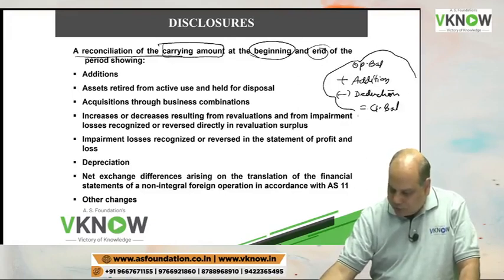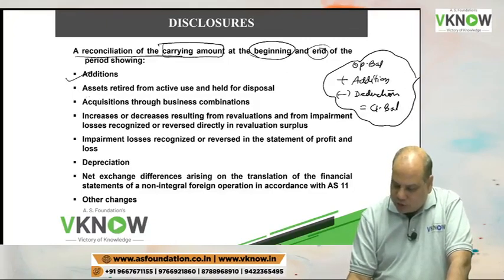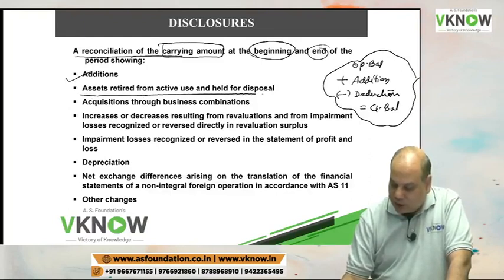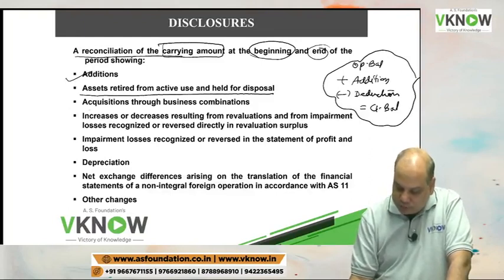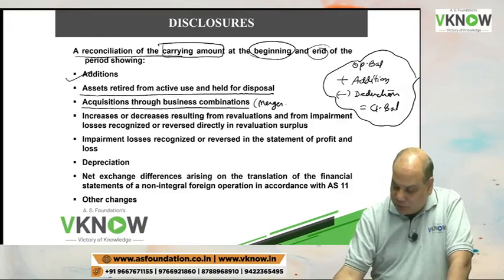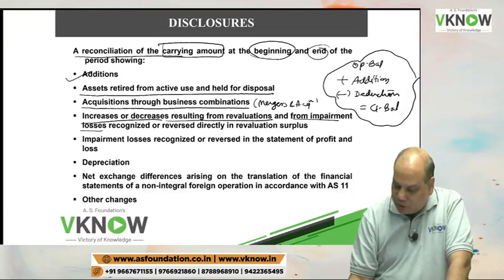Similar requirement is there in Schedule 3 also. You will show additions. You will disclose assets retired from active use and held for disposal. You will disclose assets acquired in business combination, means mergers and acquisitions. Increase or decrease resulting from revaluation and from impairment losses recognized or reversed directly in revaluation surplus.